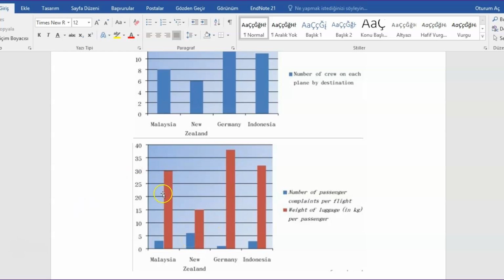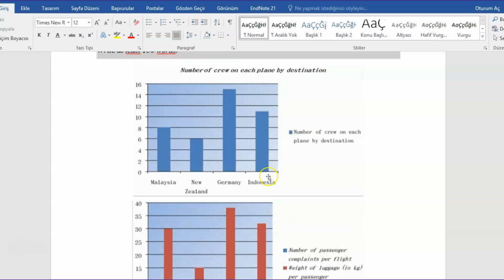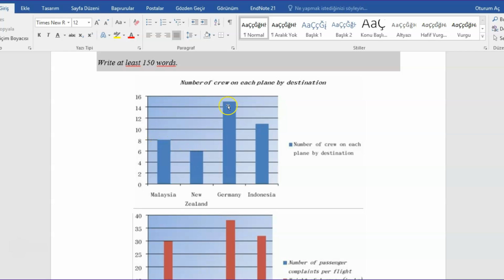And this red one is the weight of baggage, and its pattern is the same as the number of crew.